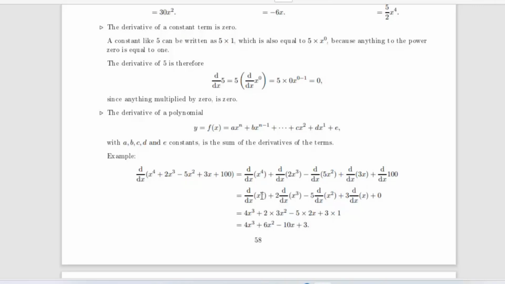Now, Margaret. Yes, sir. What is the derivative of x to the power 4? It will be 4x to the power 3.